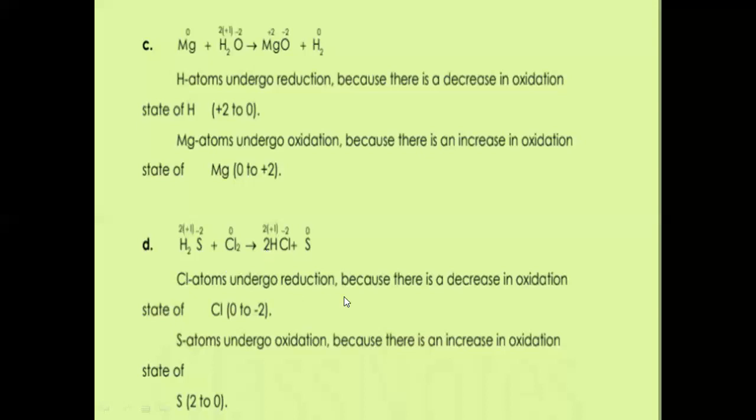Chlorine undergoes reduction because there is a decrease in oxidation state of chlorine from 0 to -2, that is -2 for 2 and -1 for one chlorine atom. Sulfur undergoes oxidation because there is an increase in oxidation state of sulfur from -2 to 0.